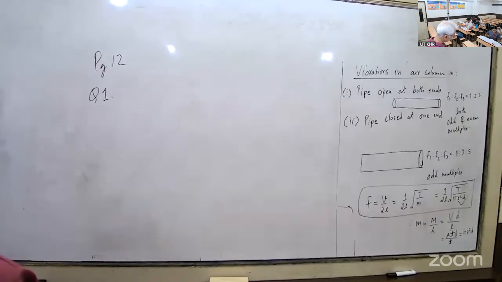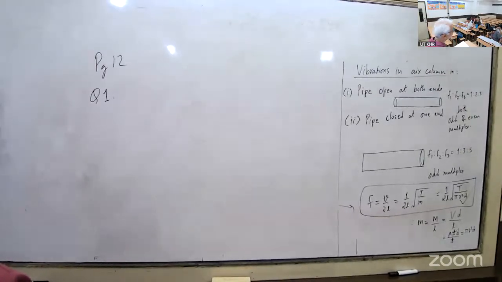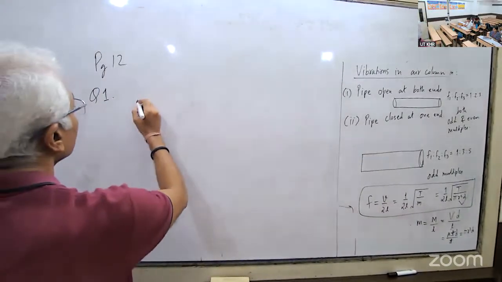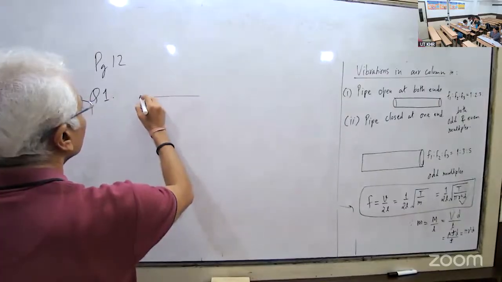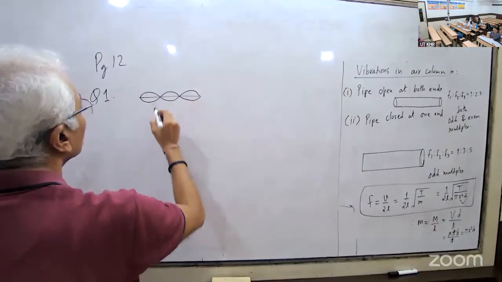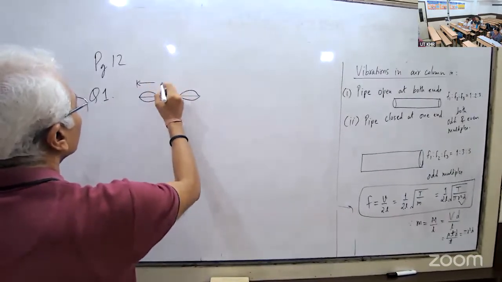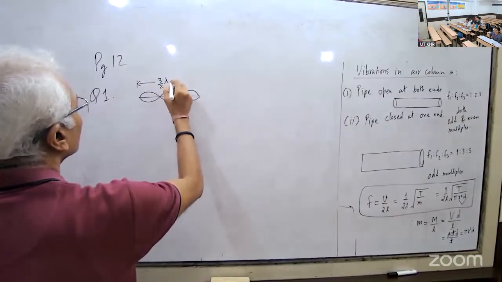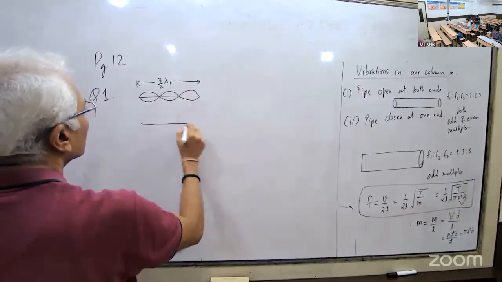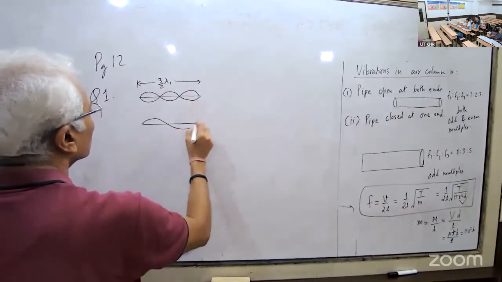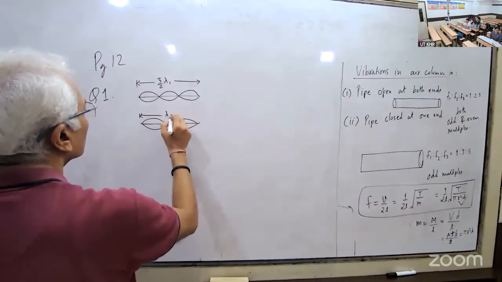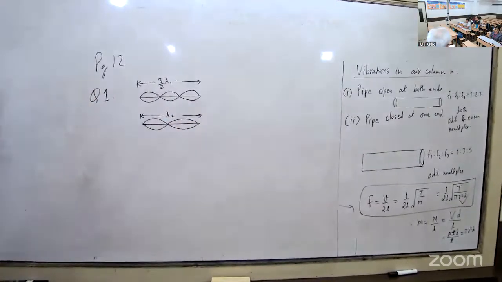Wavelength अलग अलग मान लो ना, क्या था इसका wavelength? किसका किसका रेशियो निकालना है?